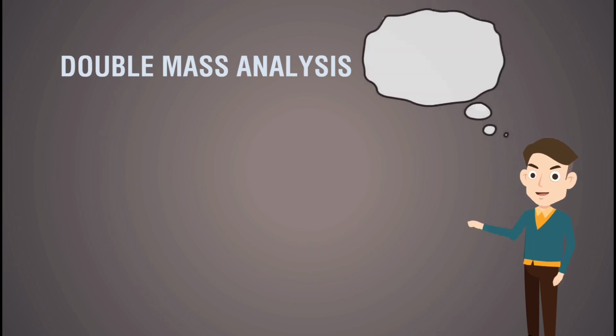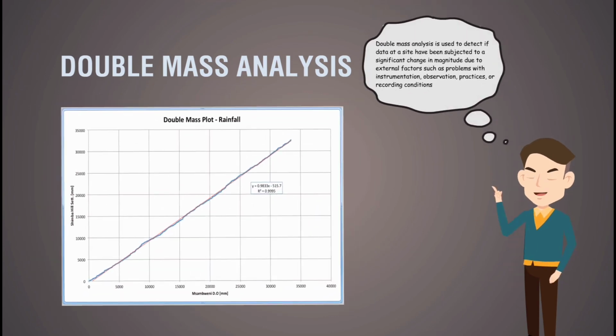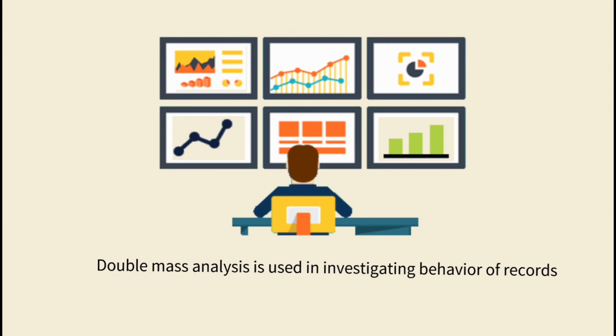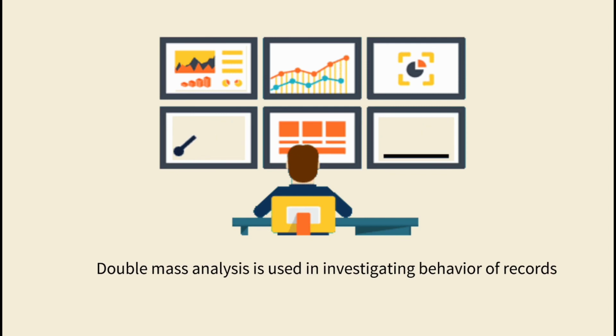Double mass analysis. It is used to detect if data at a site have been subjected to a significant change in magnitude due to external factors such as problems with instrumentation, observation practices, or recording conditions. So when we say double mass analysis, it is a commonly used data analysis approach for investigating the behavior of records.